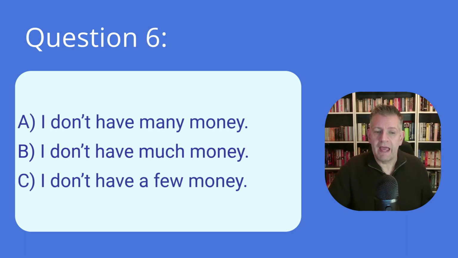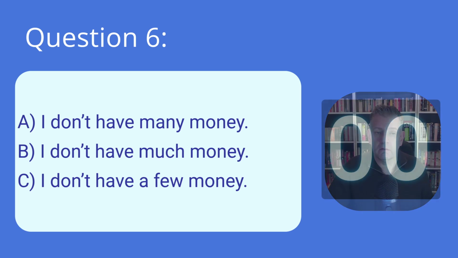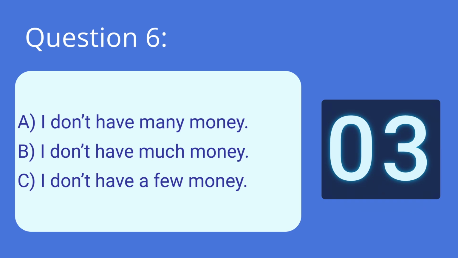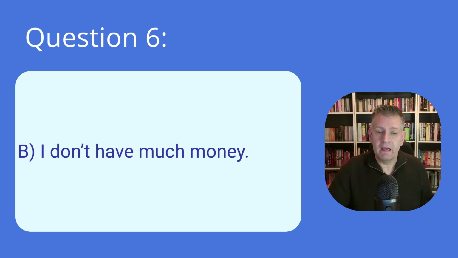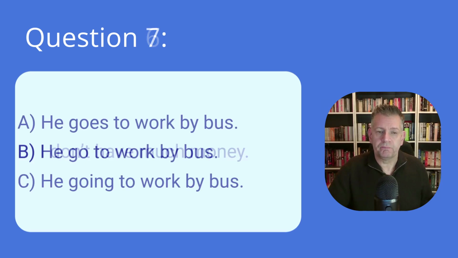Question 6. A, I don't have many money. B, I don't have much money. C, I don't have a few money. The answer is B, I don't have much money.